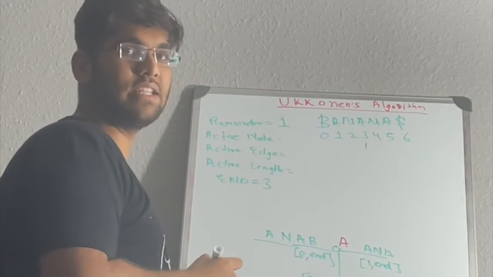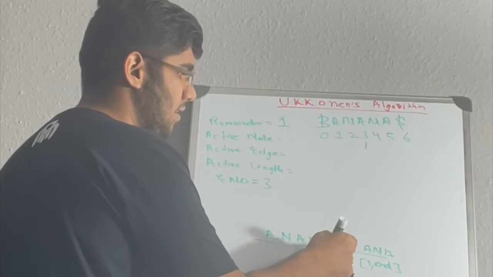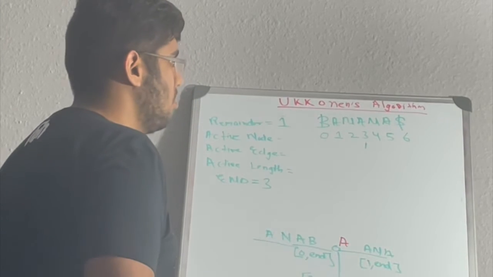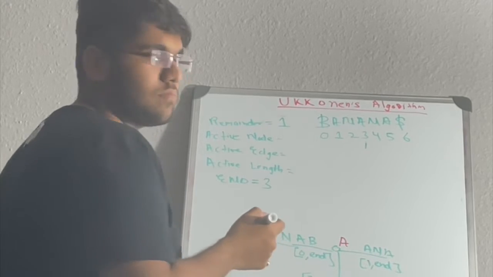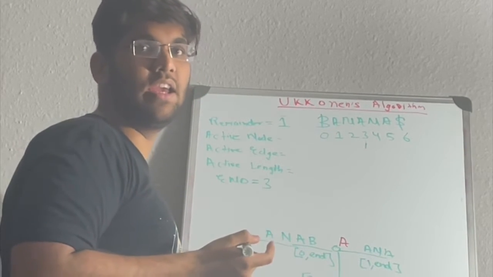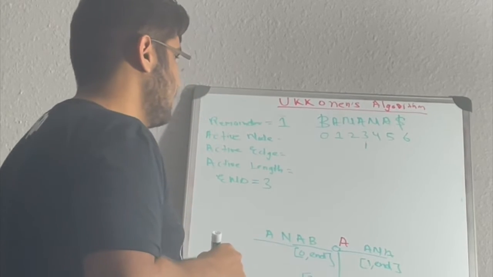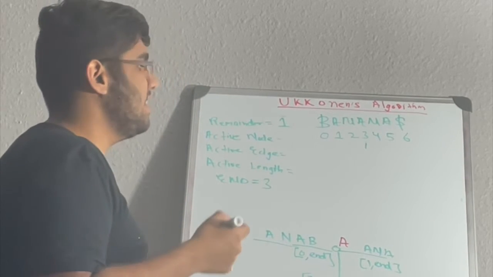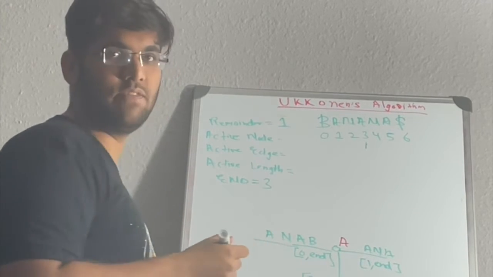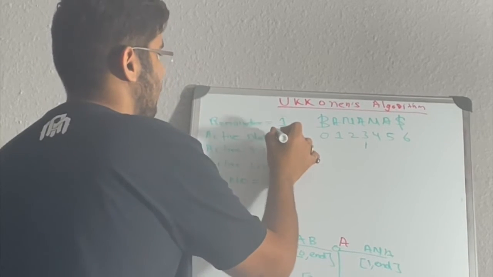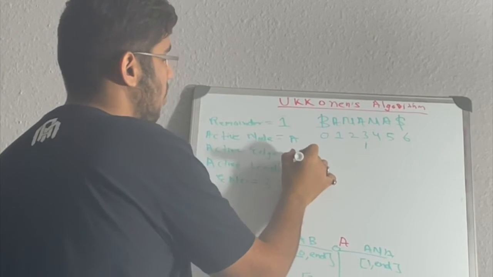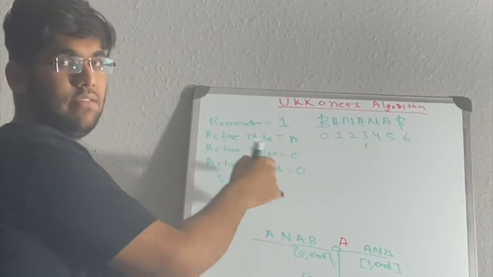Now by rule 2 extension, we can see the path is already there, A is already there. So in this case, we will go to rule 3. If the path already exists, we just change the active node. Basically, earlier the active node was A, and by default all these values were A, 0, 0.